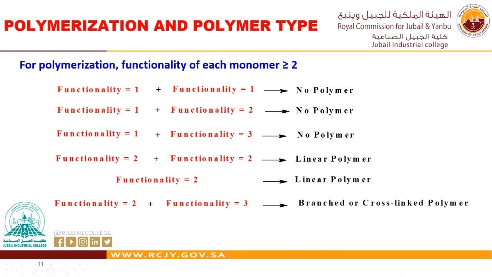Cross-link polymer. Especially the example we gave is the reaction of phenol with formaldehyde. The functionality of phenol is 3, functionality of formaldehyde is 2, so it will end up with a cross-link polymer called a bakelite plastic. So in general, 2 plus 3 gives branch polymer, and in some cases it gives what? Cross-linked polymer.